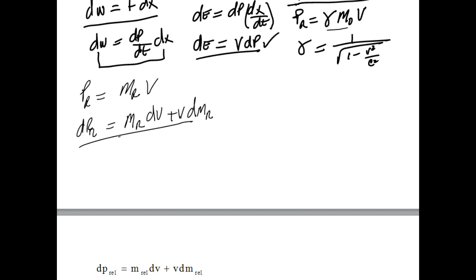So now our new dE, the change in energy, would be equal to velocity times the change in relative momentum. Okay, so now let's take this new equation and work with it.